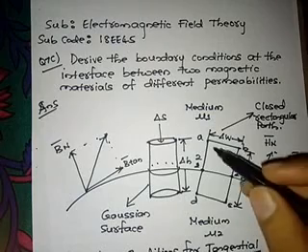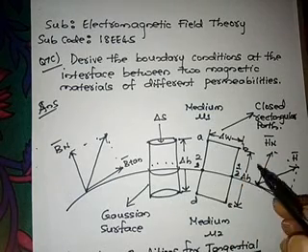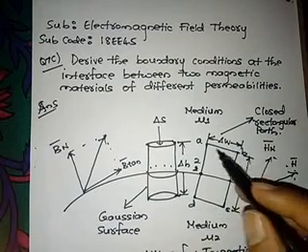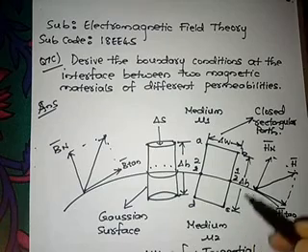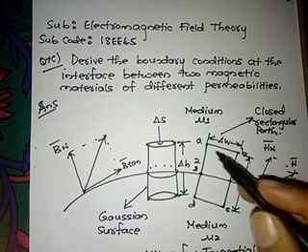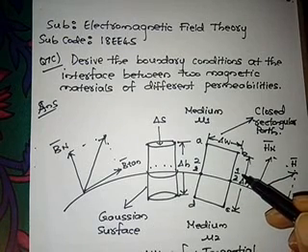Similarly, the normal components Hn1 and Hn2 can also be assumed to be constant here, right? Considering the surfaces A to B and C to D, they are parallel. AD and BC are also parallel, and the sides AB and CD are very small.